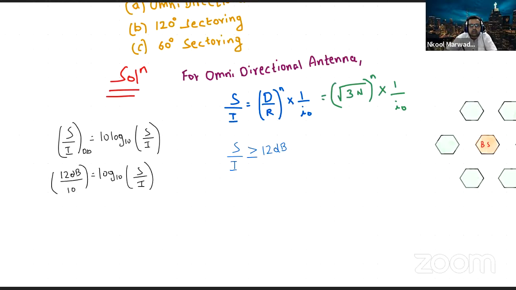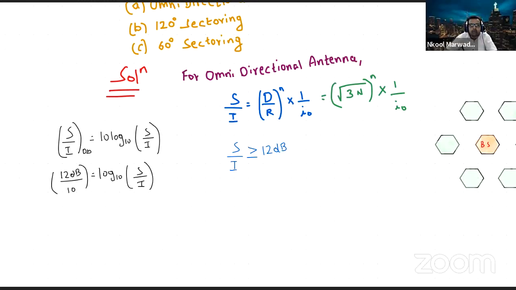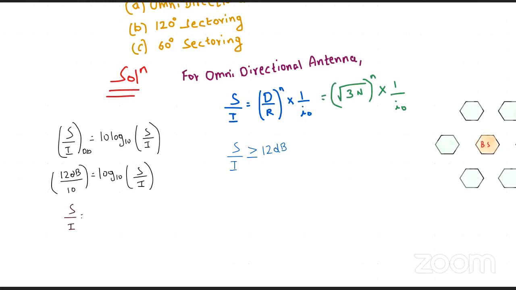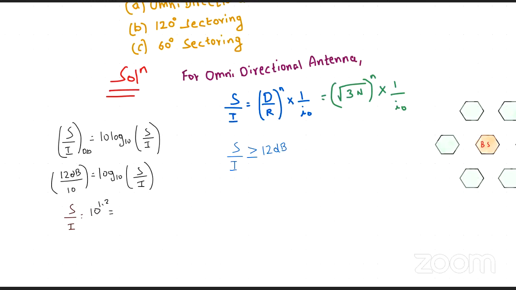Now tell me one thing: what will S by I become? It will become 10 to the power of 1.2, because 12 by 10 is 1.2. Can you calculate its value? 15.84, or 15.8.